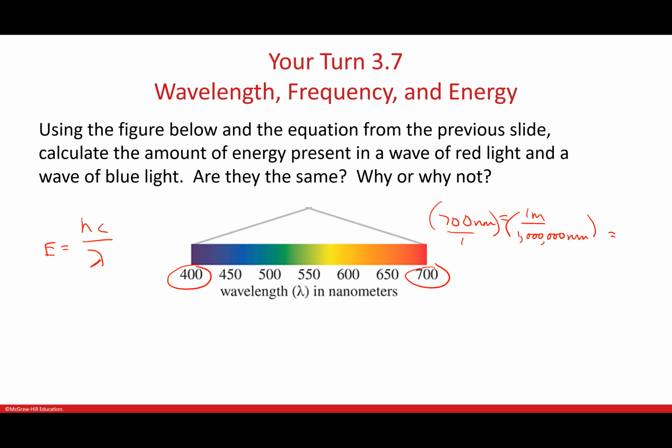I got 7 times 10 to the minus 4th meters. And I'm going to use the same pattern if that's okay. What would 400 nanometers be equal to in meters?